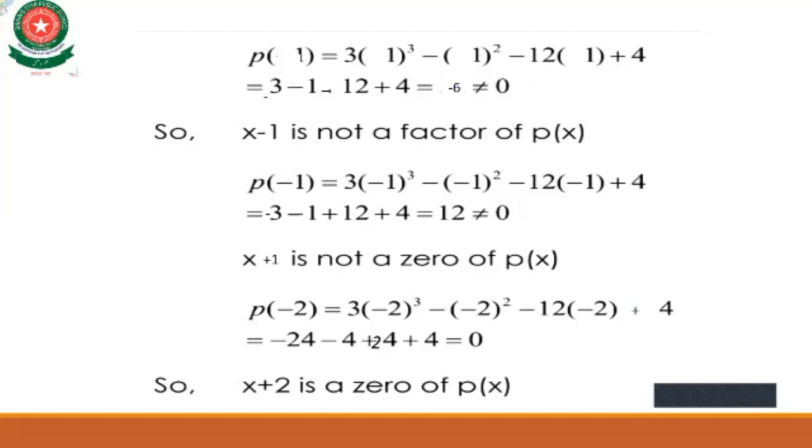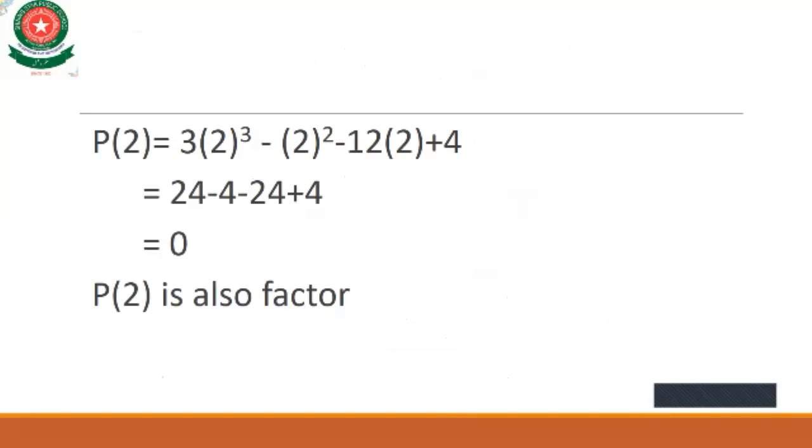Minus 2 square is 4, so minus 4. Minus minus plus 12 2s are 24, plus 4. That is equal to 0. So we can say that x plus 2 is a factor of P of x, as the remainder is equal to 0.